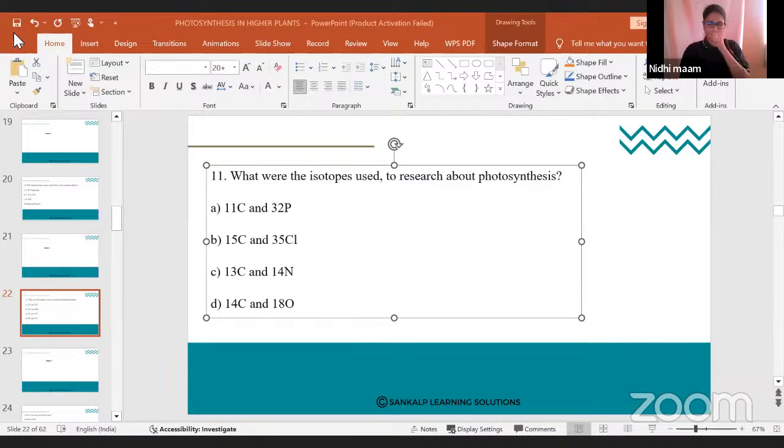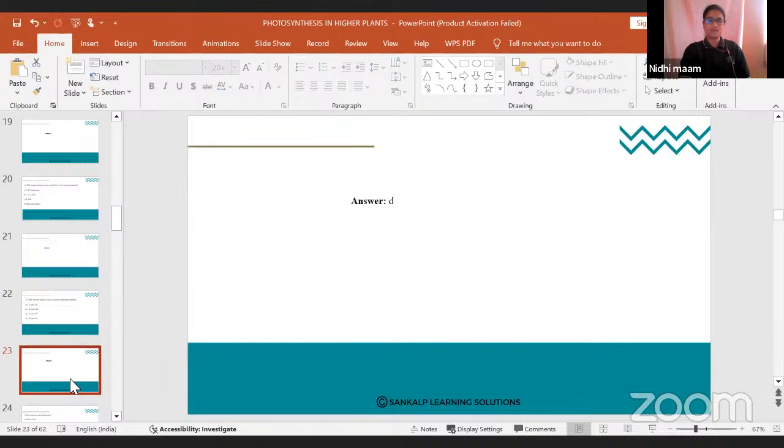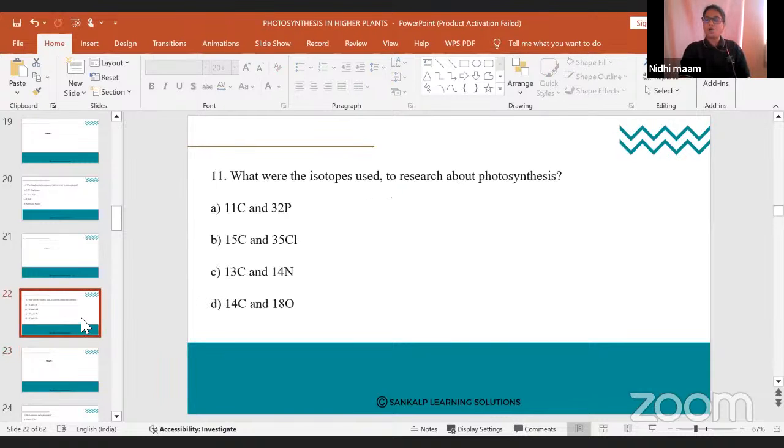Okay, so YouTube is active again. Shadap Tolagi, Chaitanya, Damanna, Bhima Bai Ambedkar are active. Most of you selected option A, few of you selected option D. So the right answer, the isotopes used to research photosynthesis, is option D, that is 14C and 18O. Next question.